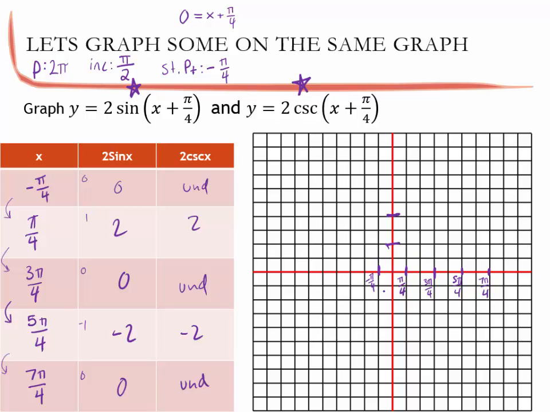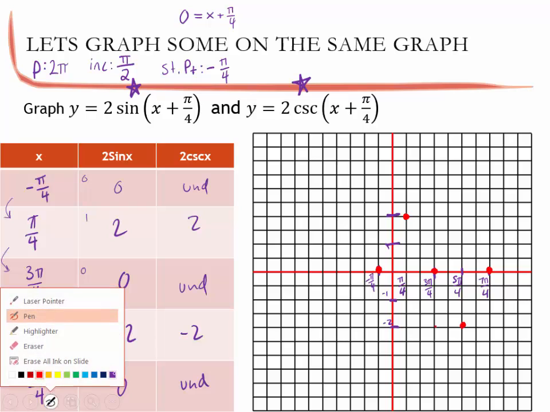And let's go ahead and graph it. There's 1 and 2, negative 1, negative 2, and we're going to graph this in red. Nope, I botched that one. I have to actually look at the values. There we go. I forgot a tick mark right there.